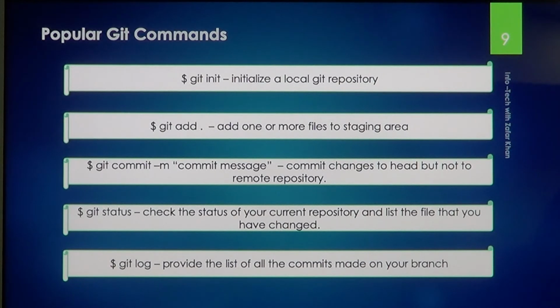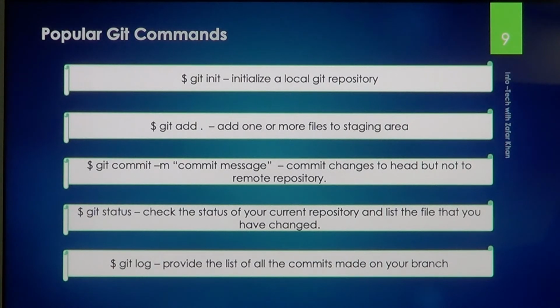The next one is git add space dot, as I already discussed. Once you have created a file, it adds one or more files to the staging area. If you want to place any file which you have changed, you need to place it into the staging area. So this command is used, that is git add space dot.